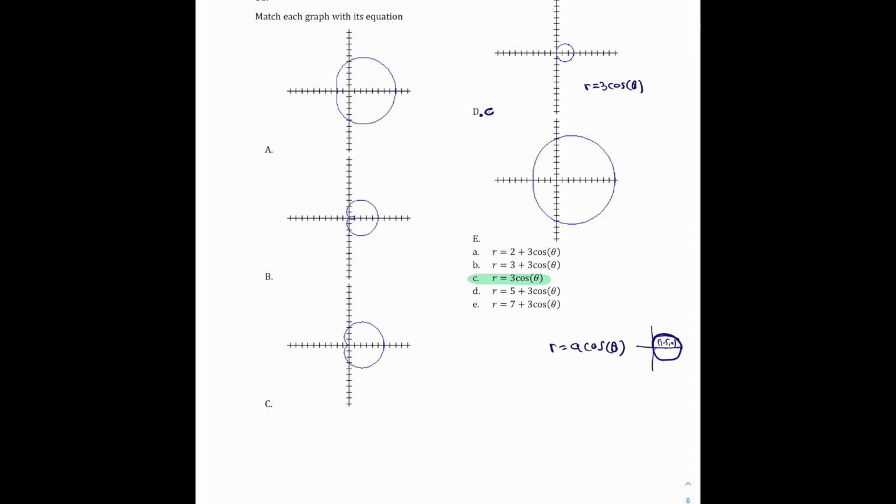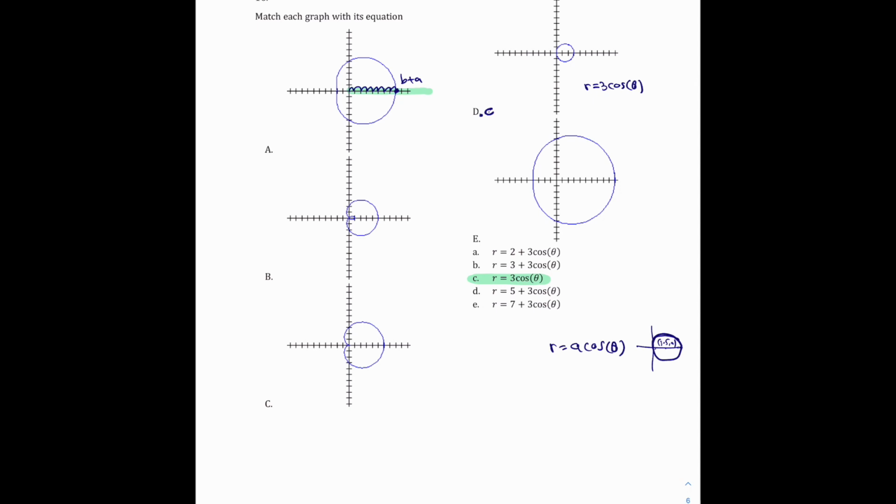The first graph here, A, is a dimpled limaçon. We know for a dimpled limaçon, a has to be bigger than b. And since it's on the polar axis or the x-axis, this axis right here, I know that it's going to have a cosine. And if you count the numbers, you'll see 1, 2, 3, 4, 5, 6, 7, 8. That is basically a plus b is 8.